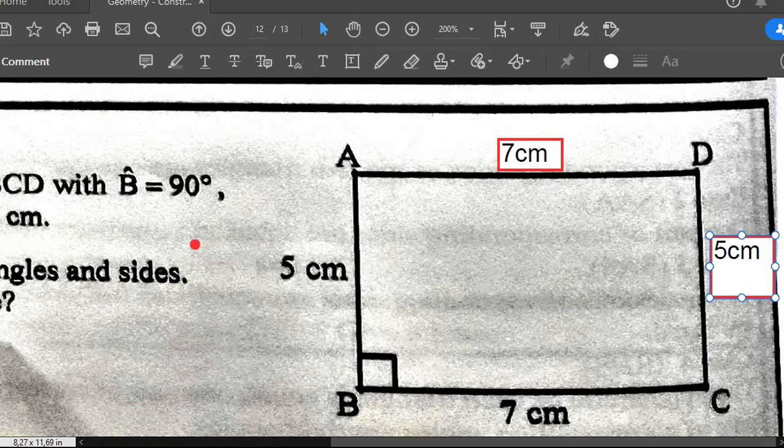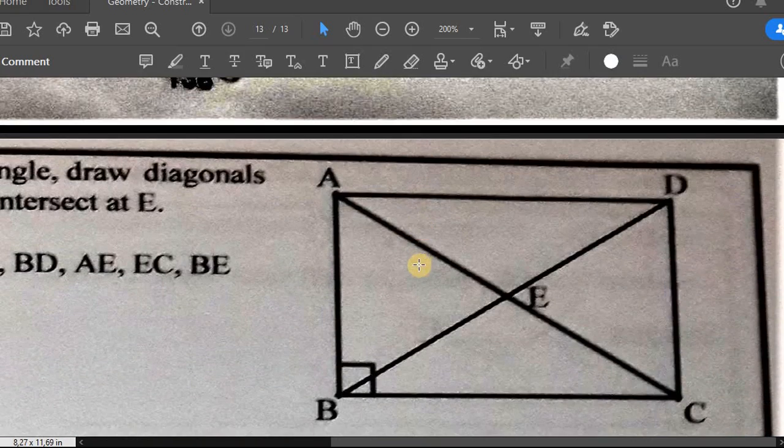Next one: draw diagonals. On a constructed triangle, draw your diagonals, right? If you look at these diagonals now, they can ask you, what do you conclude from this?